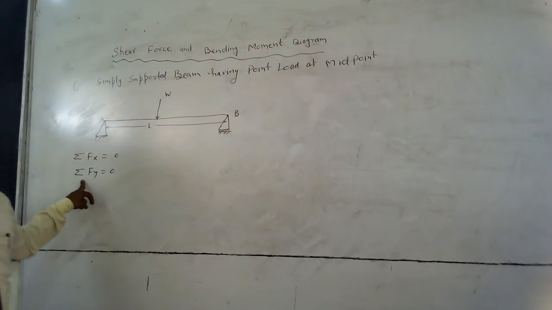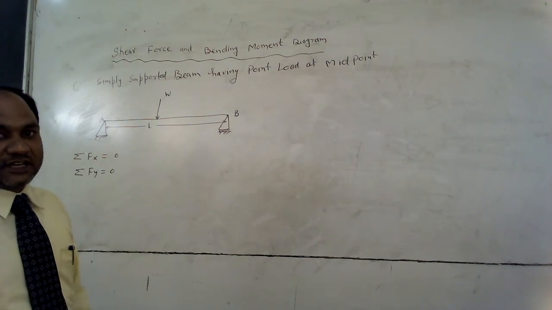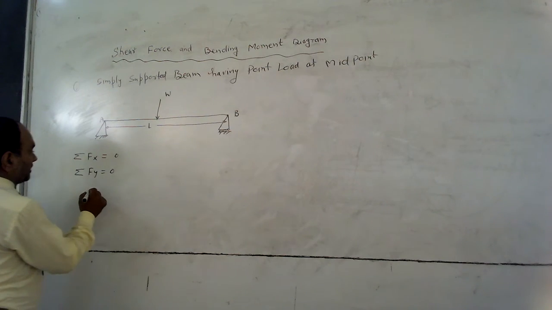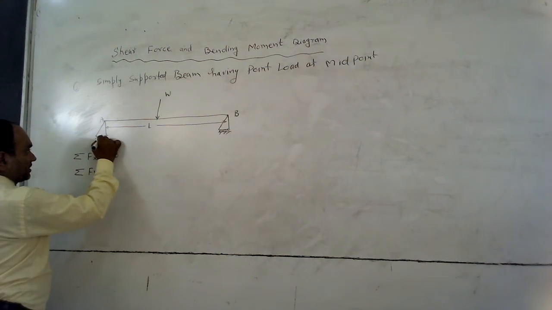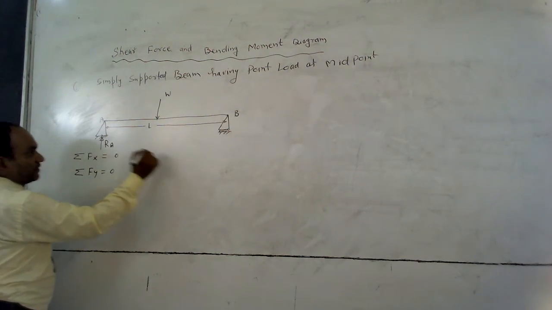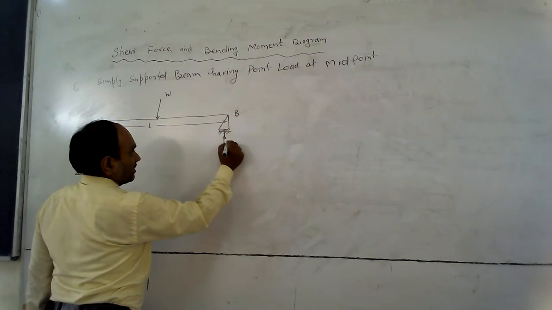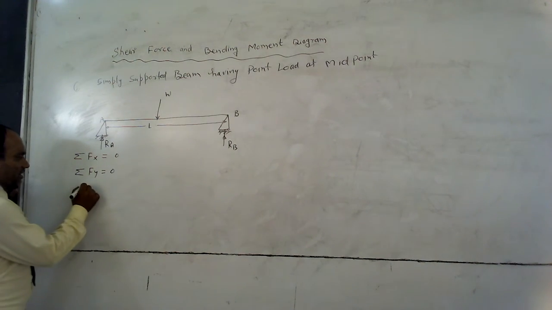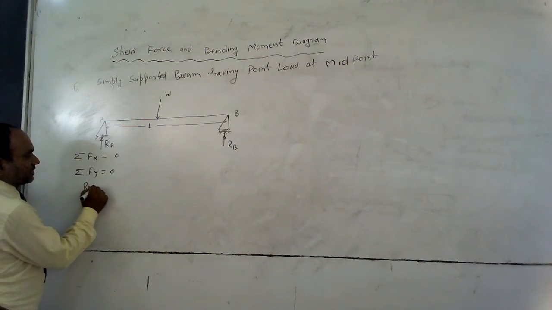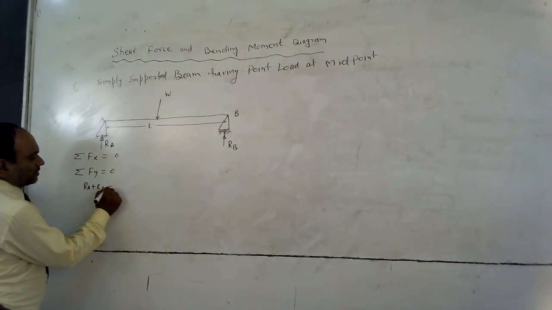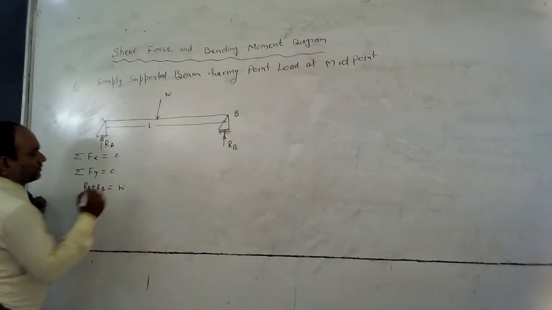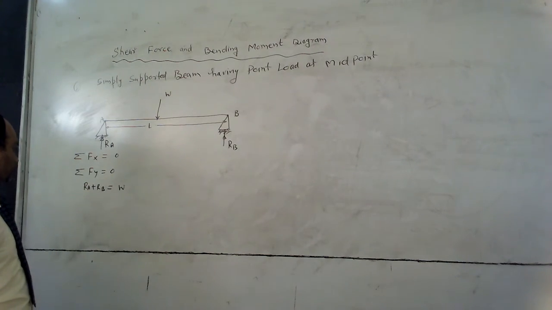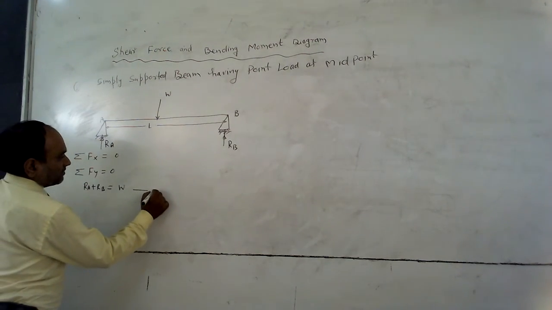It means the algebraic sum of all the forces acting vertically equal to 0. Here the vertical forces are reaction Ra and reaction Rb. Ra plus Rb equal to W. Upward force equal to downward force. This is equation number 1.